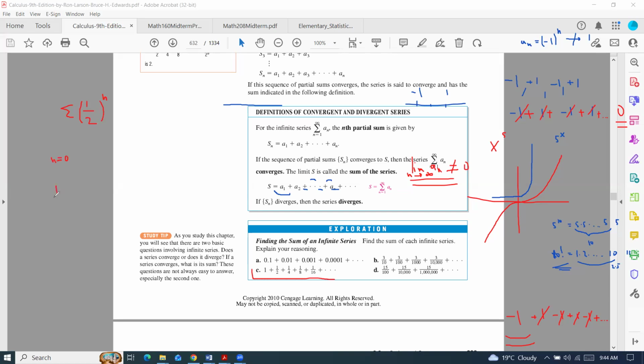We have 1/2 to the power of 0, which is 1. So when n is equal to 1, 1/2 to the power of 1, which is itself 1/2, right? Next term when n is equal to 2.